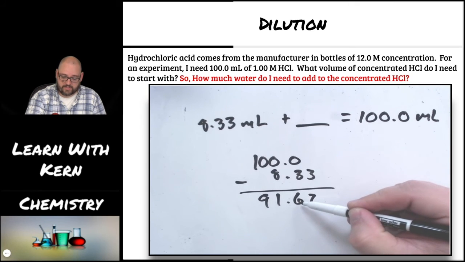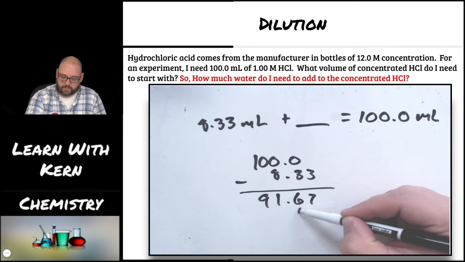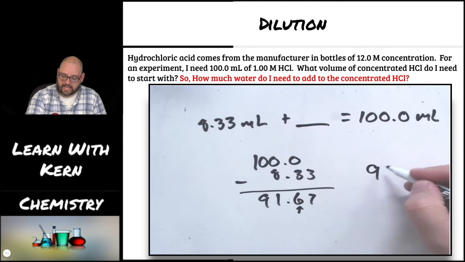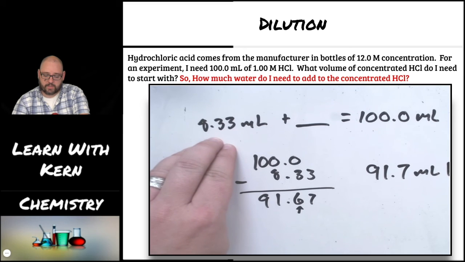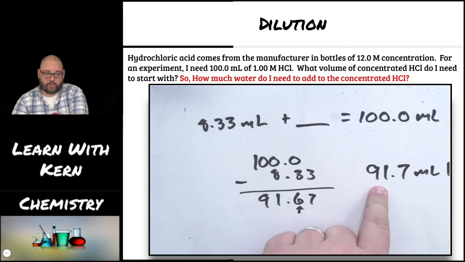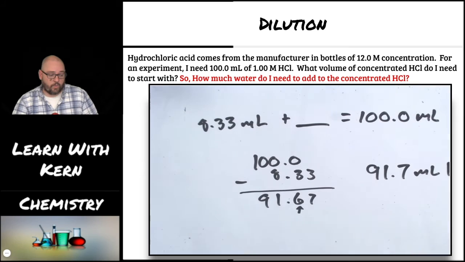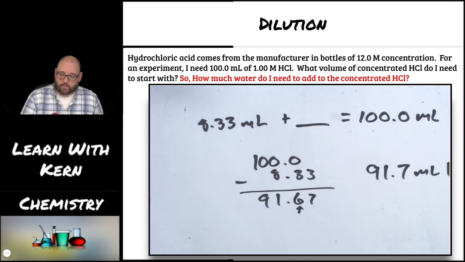So this is going to round to this place right there, so I need to add 91.7 milliliters of water. So I'm going to start with 8.33 milliliters of my concentrated solution from the last problem, and then I have to add 91.7 milliliters to get me the 100 milliliters that it asked for.